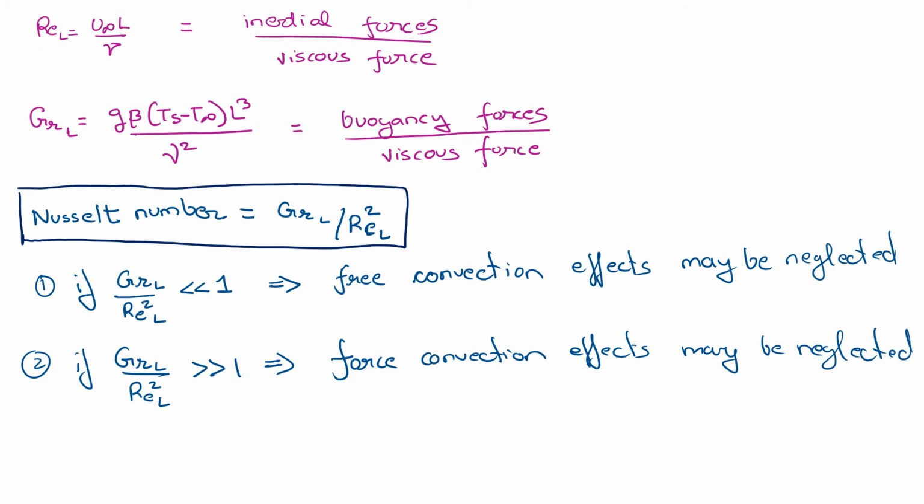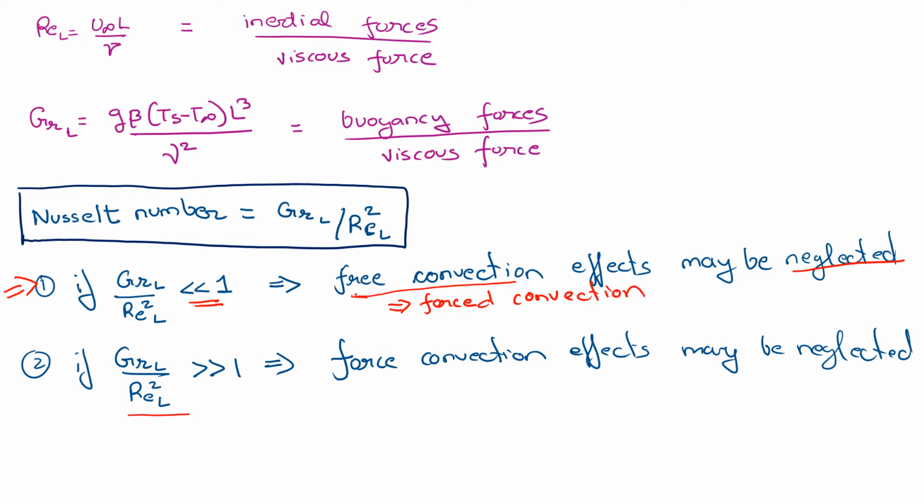If this ratio is very much smaller than 1, that means your free convection effects can be neglected, so you will have forced convection.